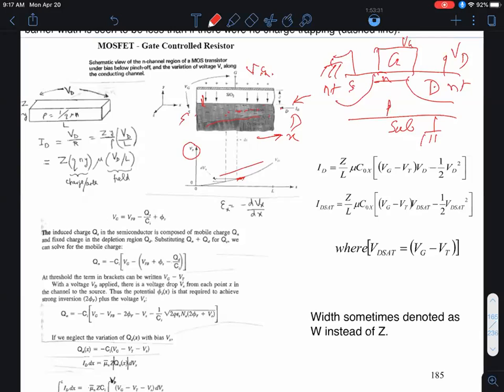Now, because the inversion region gets pinched off, and you have to have the same current across every cross section to satisfy KCL, the only way that can happen is the electric field along the channel has to gradually increase from the source end to the drain end to compensate for the pinching of this inversion region, okay? And that increasing electric field is reflected by this VX curve curving upwards, okay? Because the electric field at any point is given by the slope, minus dV/dx, and the slope increases, okay?